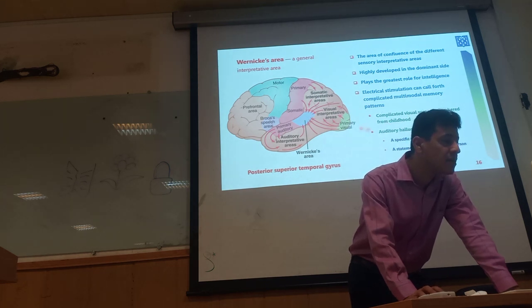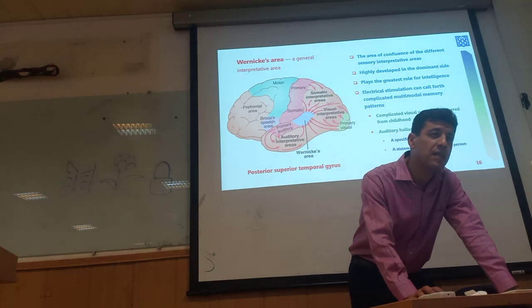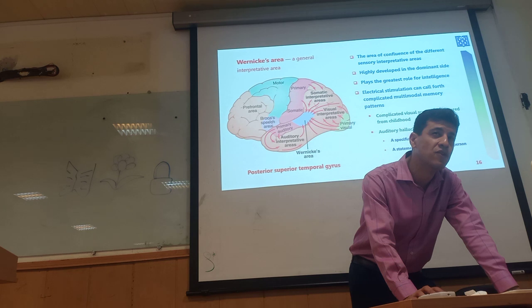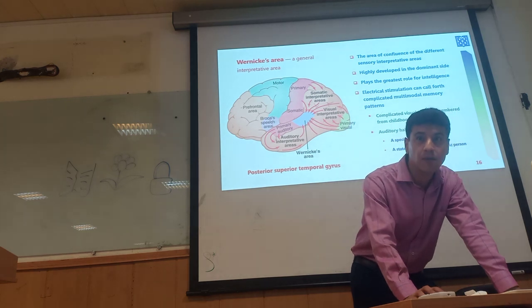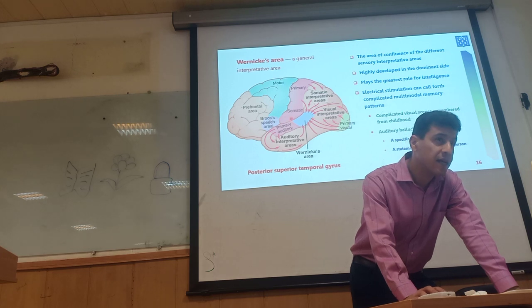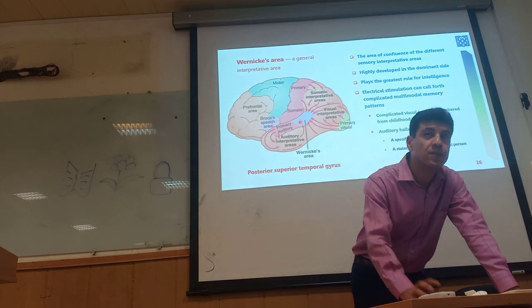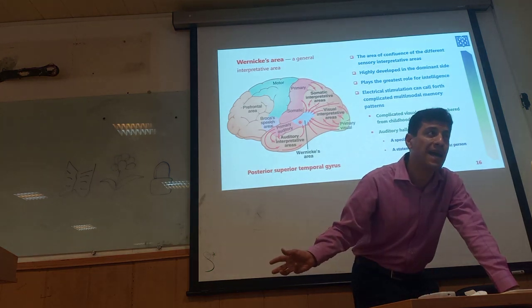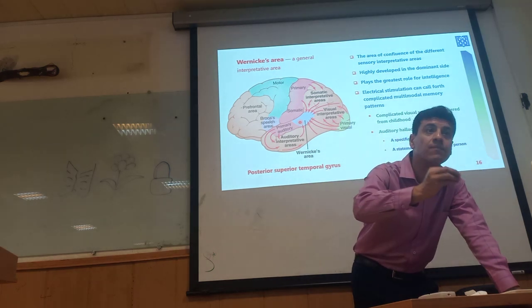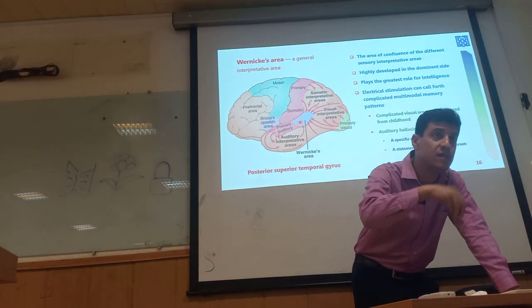Or activity here may cause auditory hallucination, so as if the person is listening to a special track of music or a special lecture by somebody. So this means the Wernicke's area is able to bring the information from the past memory into the current consciousness, okay?